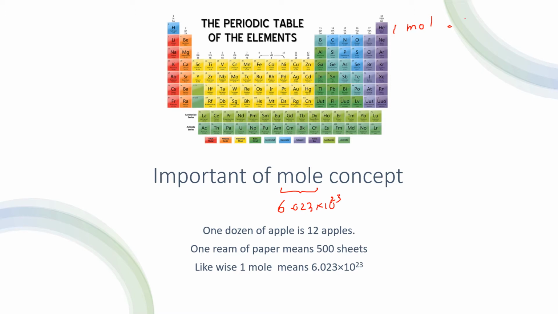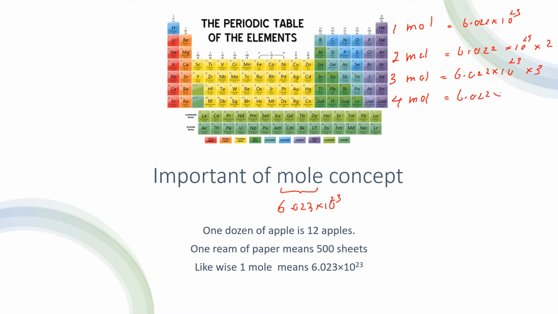So for example, if you have 1 mole, it is 6.022 times 10 to the 23. 2 moles, 6.023 times 10 to the 23 times 2. 3 moles means 6.022 times 10 to the 23 times 3. 4 moles equal 6.022 times 10 to the 23 times 4.